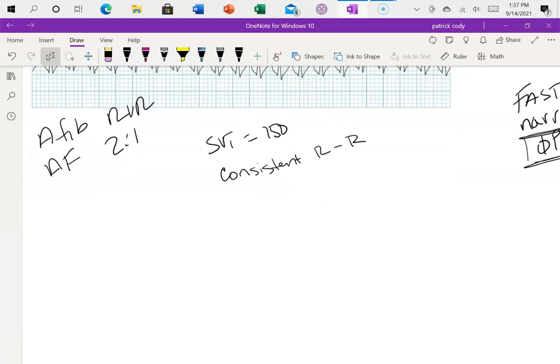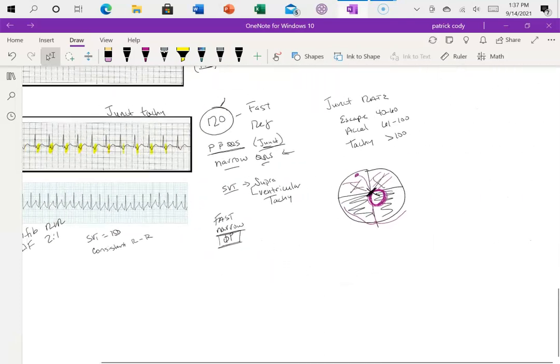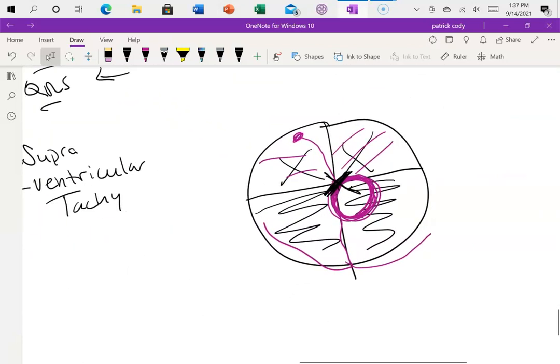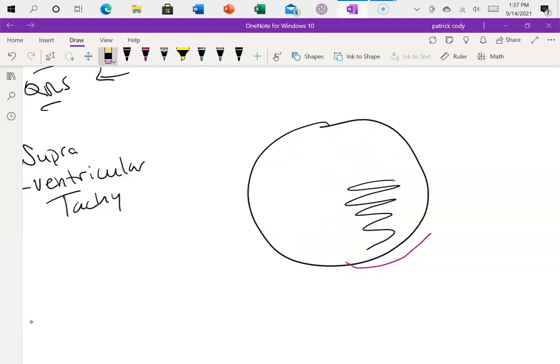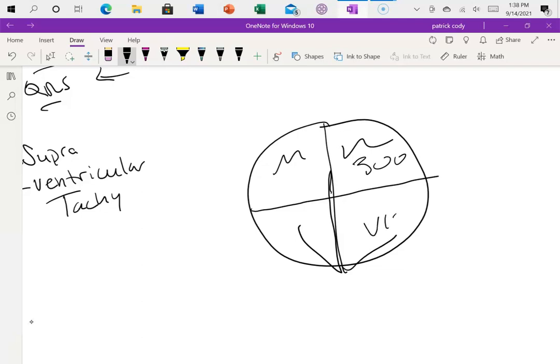give an adenosine trial. Because think about this, if I go back to this picture over here, if I've got SVT, we see what happens if I give an AV nodal blocker. But let's say instead of having SVT, I've got atrial flutter, right? And so if I do this and I've got flutter waves coming out of my atria, and they're conducting down here through here at a 2-to-1 block, so my atrial rate is 300 and my ventricular rate is 150.